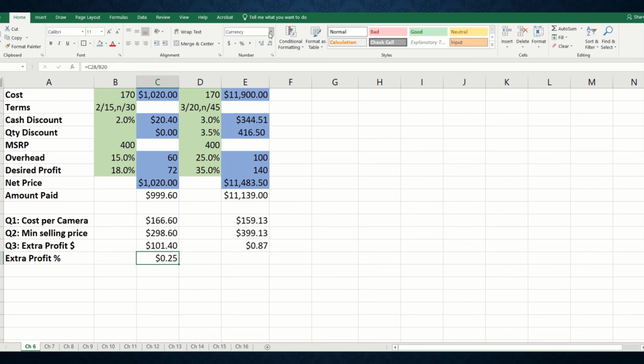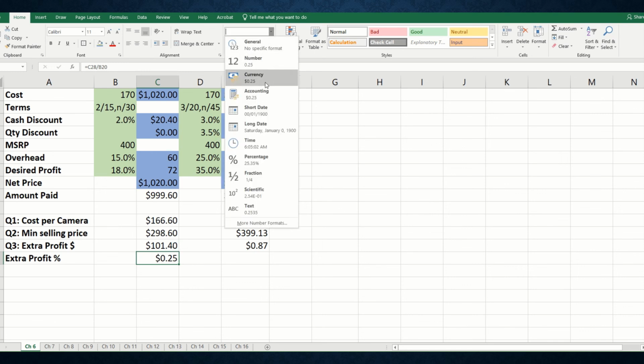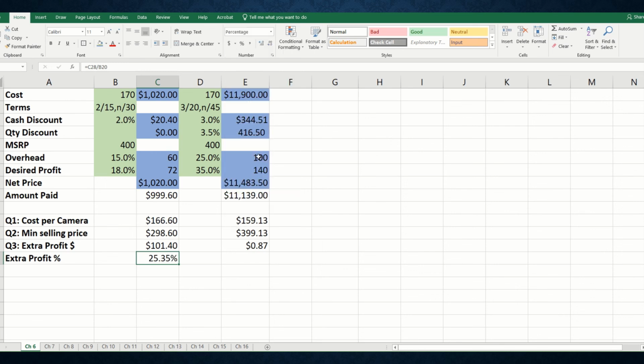I have to change that to a percent. Okay, so we have 25.35%. And these, I don't really want all those dollar signs, so I'm just going to make it into a comma style. Too many dollar signs going on. Okay, I'll change that into currency as well, just to get rid of all those dollar signs.